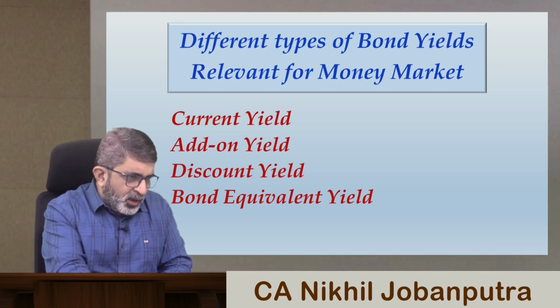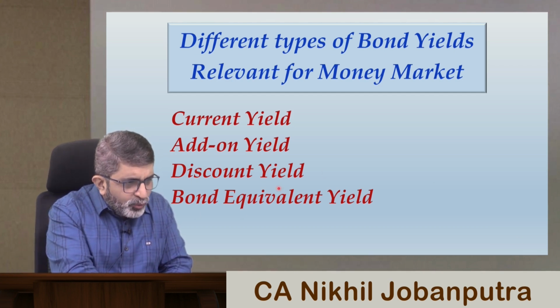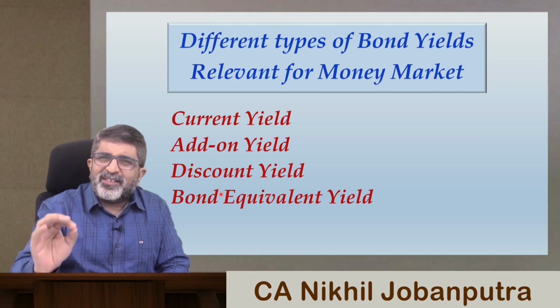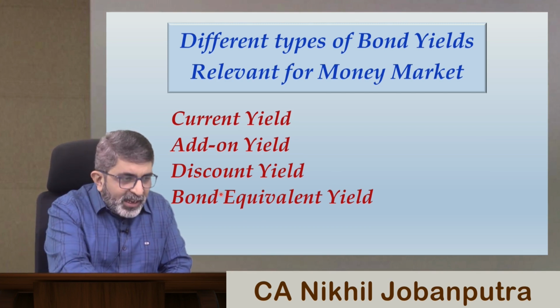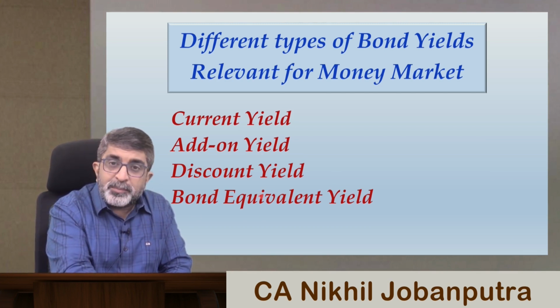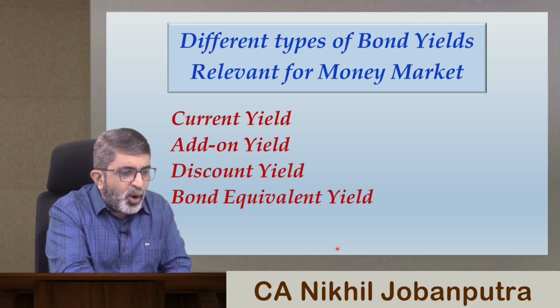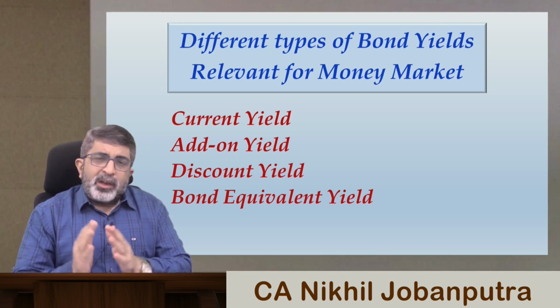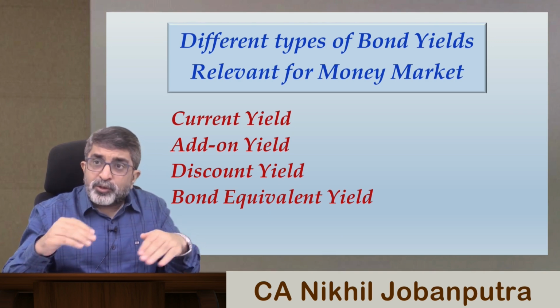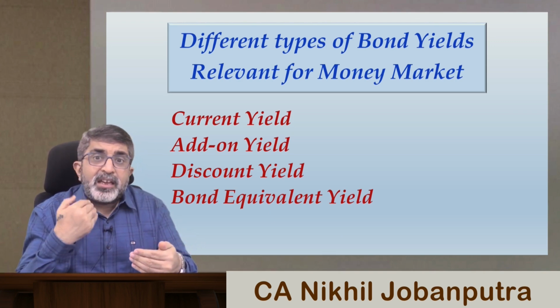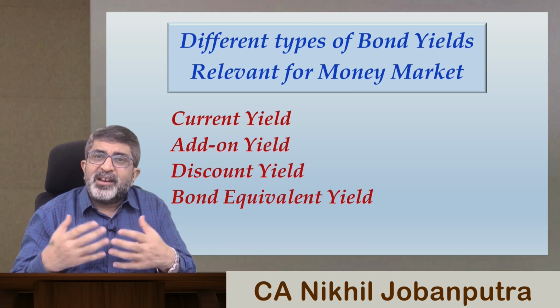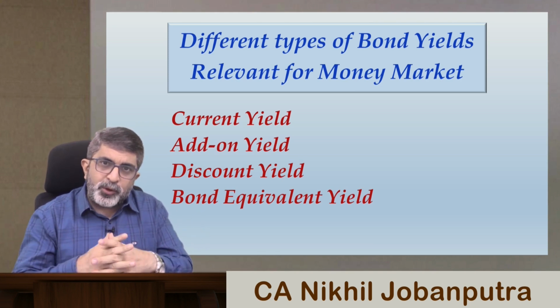Let me focus on these two terms, because the first two terms are literally very simple. The main connection that we will be sorting out is between discount yield and bond equivalent yield. Let me set the context first so that when I give you notes and take numerical examples, the discussion is very easy going for you.